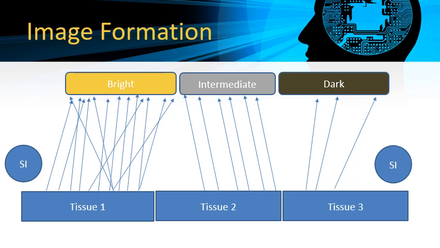While tissue number 2 gives an intermediate number of signals, so the degree of brightness will be intermediate between the bright and dark areas.